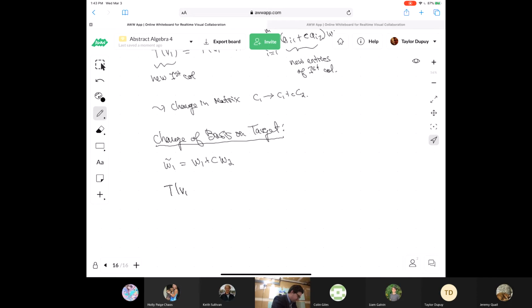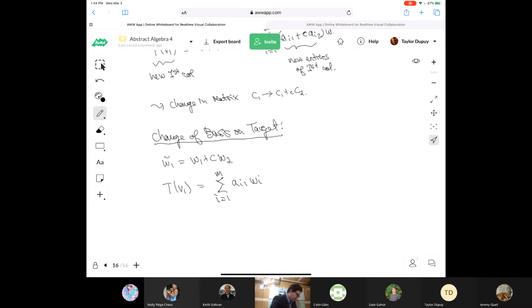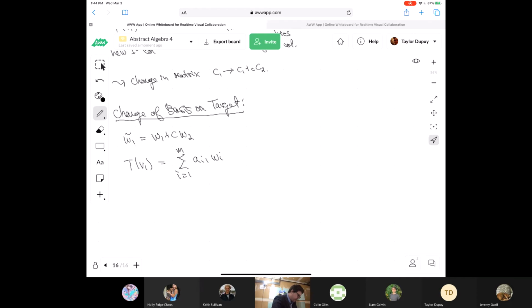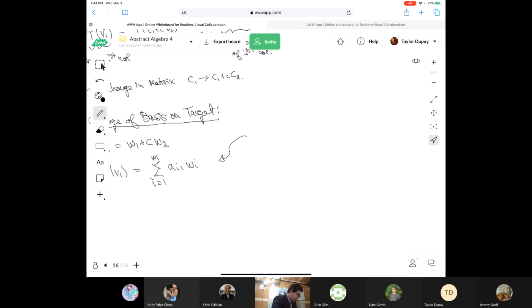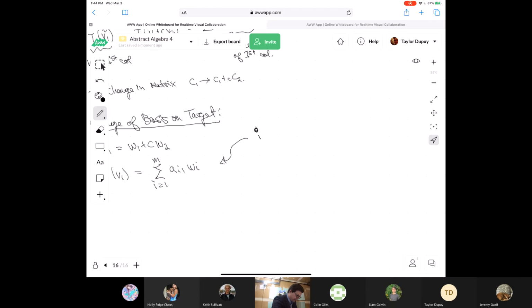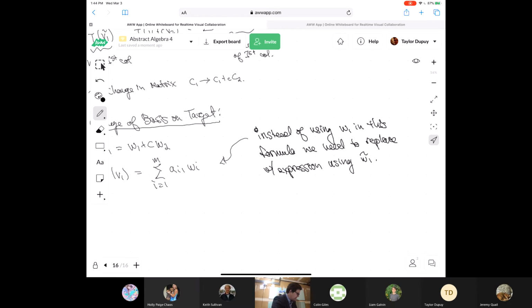TV1 is equal to the sum of AI1 WI, I equals 1 up to M. What we need to do is, instead of using W1 in this formula, replace it with an expression using W1 tilde, the new basis vector.